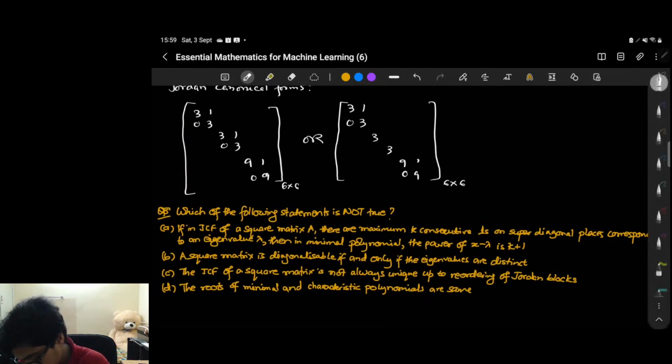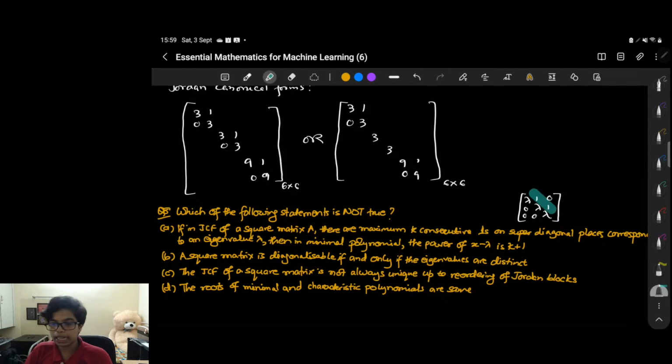Why? Because any Jordan block would be corresponding to the eigenvalue lambda. What we have is lambda, lambda, lambda on the main diagonal. We have 0, 0, 0 elsewhere. Then we have 1 and 1 on the super diagonal. What is the super diagonal? The super diagonal is the diagonal just above the main diagonal.